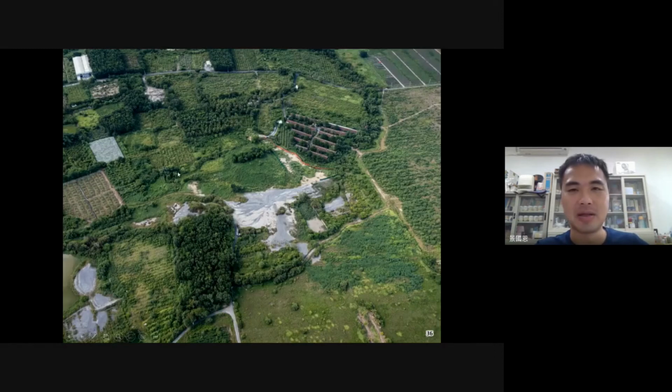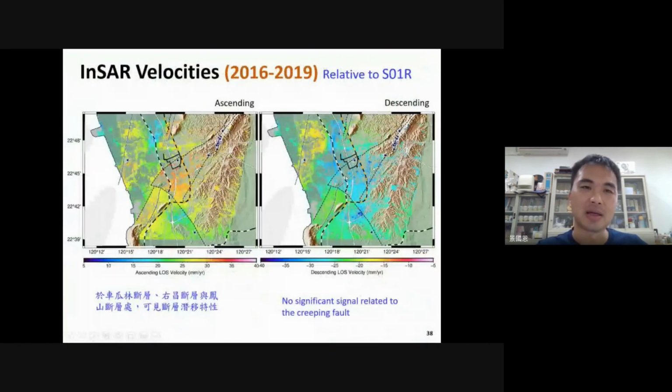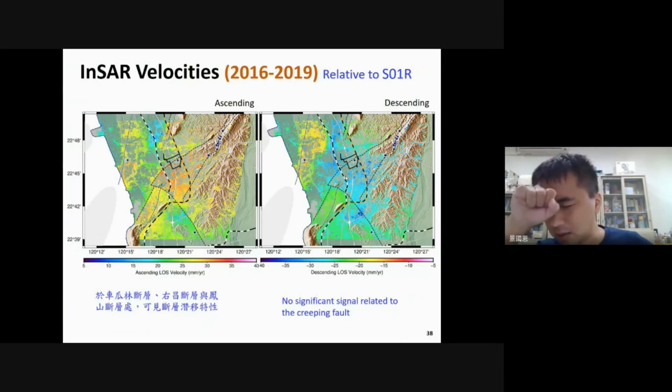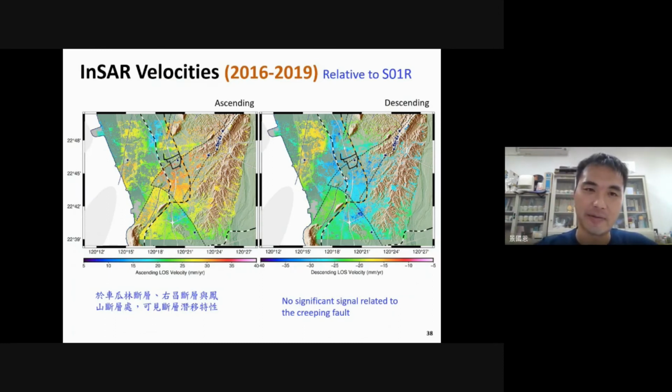Because most of the area has vegetation, so the correlation coefficient, the coherence, is still not good enough in the science park area.